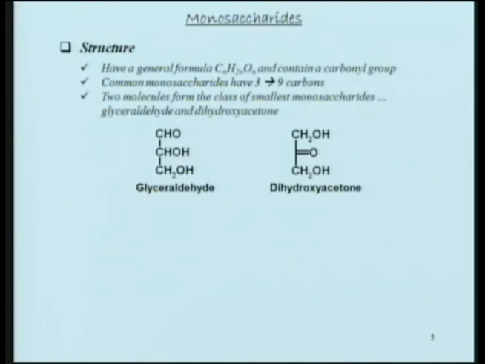Overall, the smallest scaffold looks somewhat like this. So the smallest carbohydrate scaffold in the aldehyde category, the aldose category, is glyceraldehyde. And the smallest carbohydrate in the ketose category is dihydroxyacetone. So glyceraldehyde and dihydroxyacetone are the smallest carbohydrates.